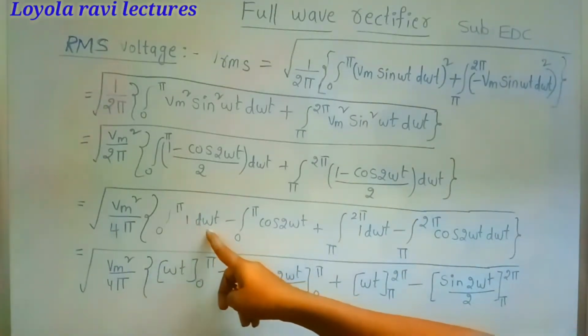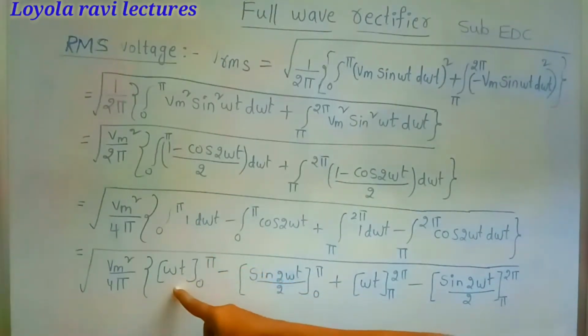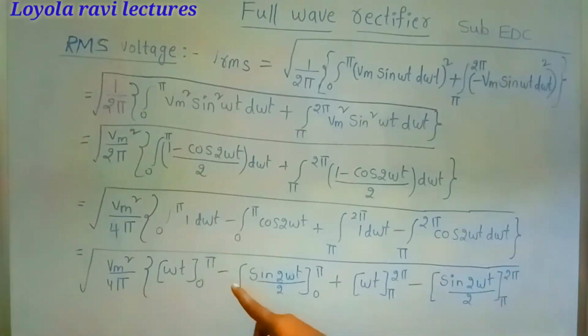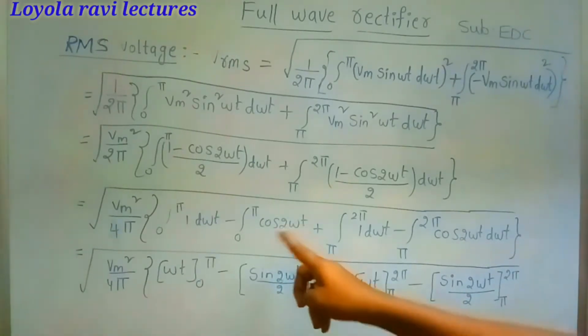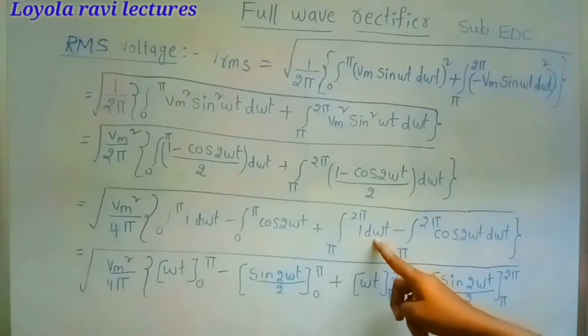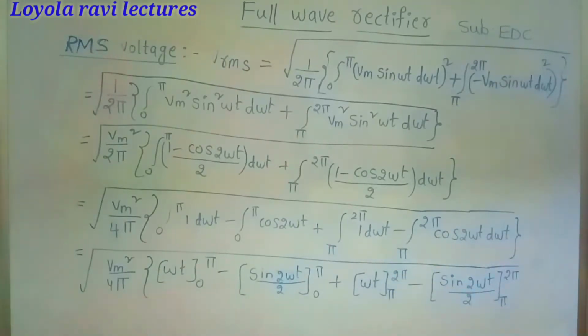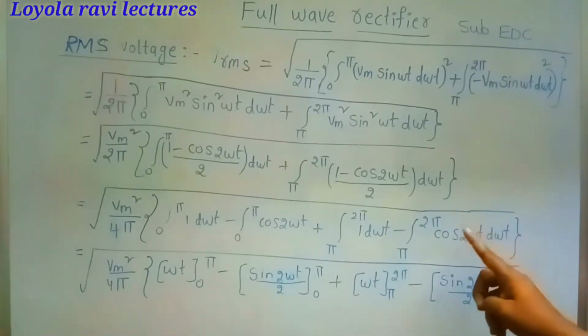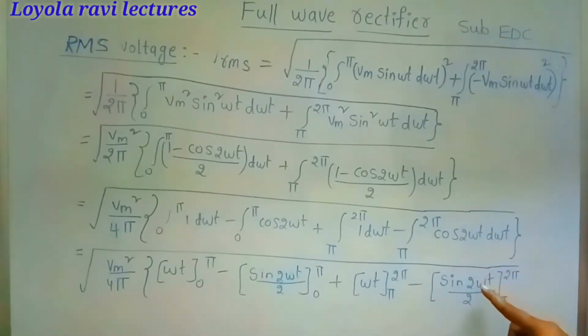Integration of 1 with respect to d omega t is omega t, limits from 0 to pi. Similarly, the integration of cos 2 omega t is sin 2 omega t by 2, limits from 0 to pi. Plus again 1 integrated with respect to omega t is omega t, pi to 2 pi, minus cos 2 omega t is sin 2 omega t by 2, again pi to 2 pi.